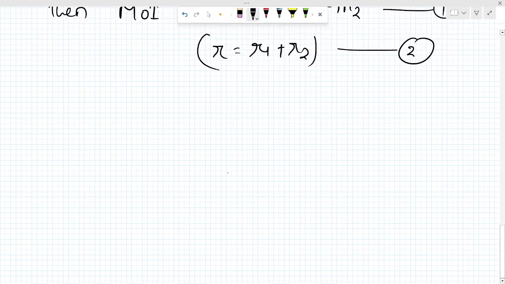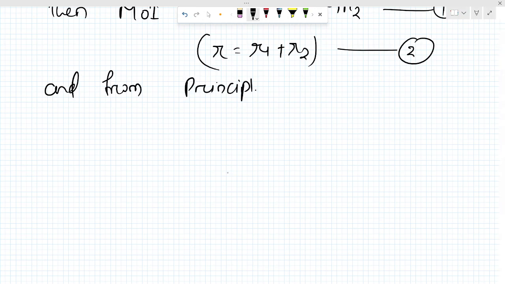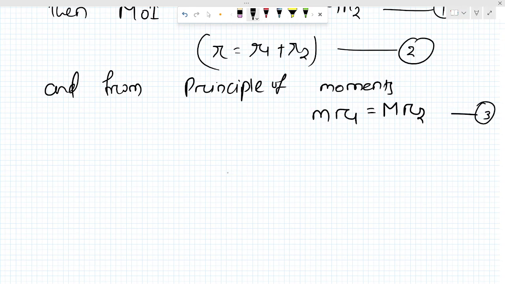And from the principle of moments, we know m r1 is equal to capital M r2, isn't it? Give it equation number 3.